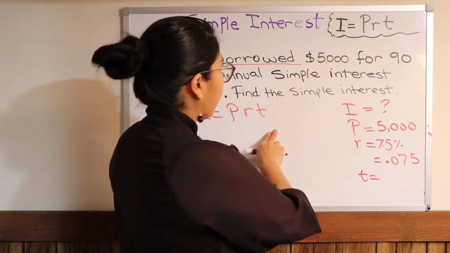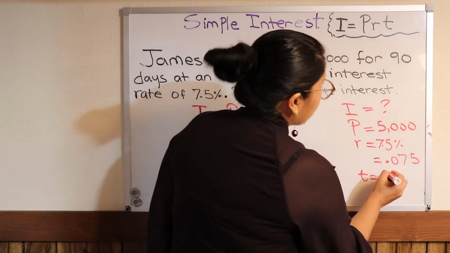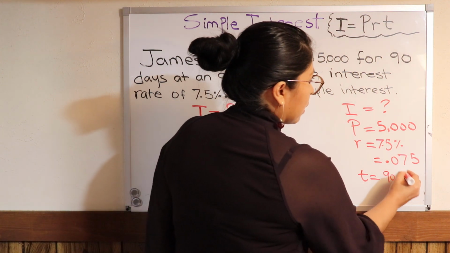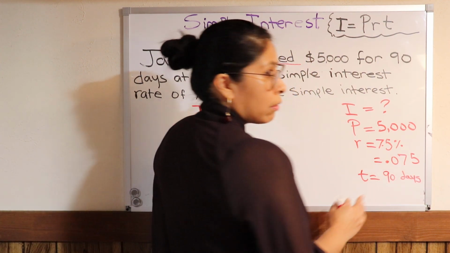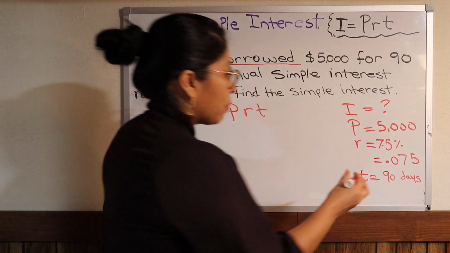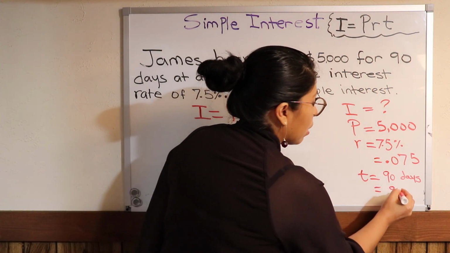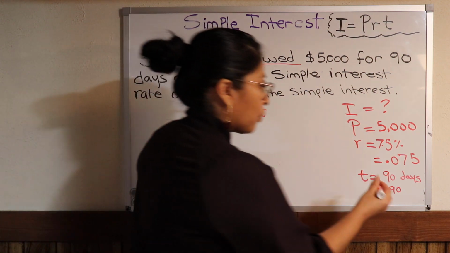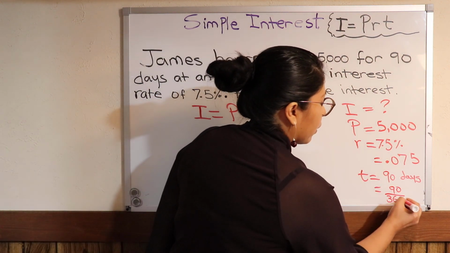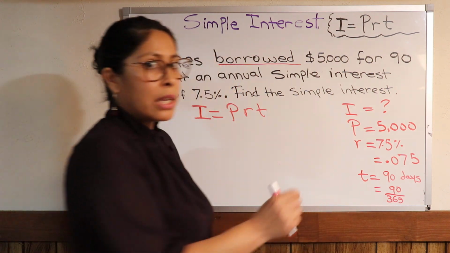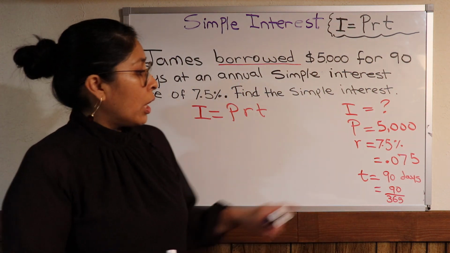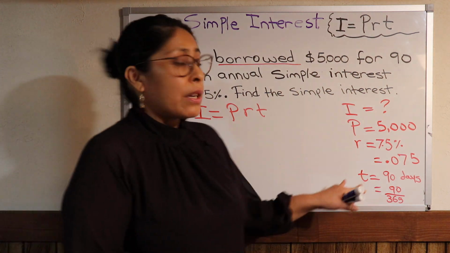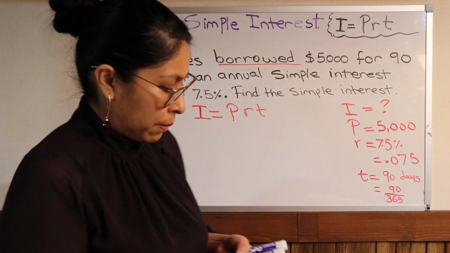Right here I have days, so it's going to be 90 days. If I change it to years, it's 90 over how many days we have in a year, so it's going to be 365. So we change the 90 days and make it a fraction, 90 over 365. You can actually simplify the number, but it's up to you how you want to do it.